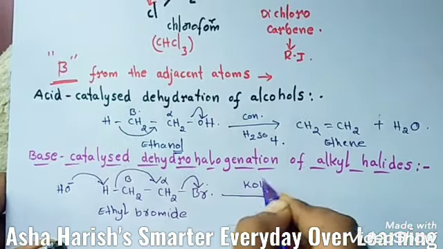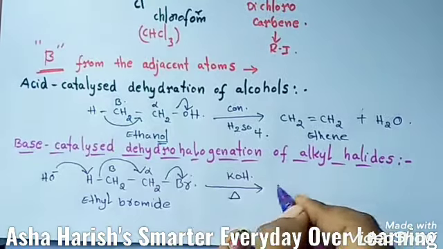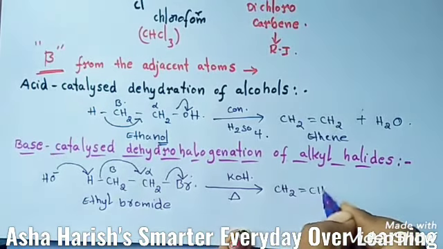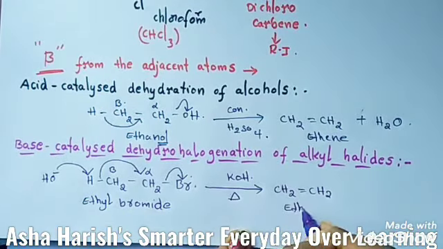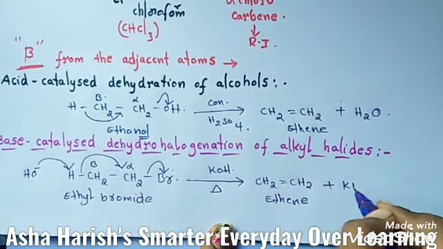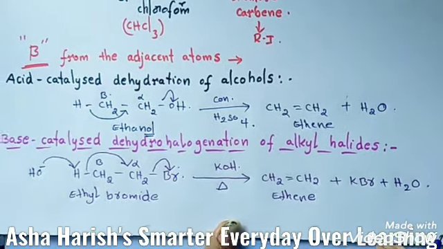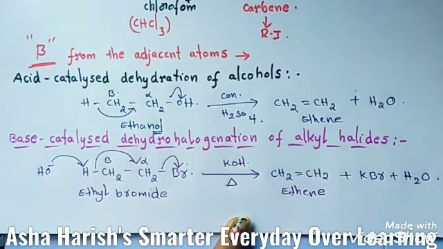In the presence of KOH, basic medium, if you heat the compound, then CH2=CH2, here also the same ethene, is formed along with KBr and water. This is about beta elimination.